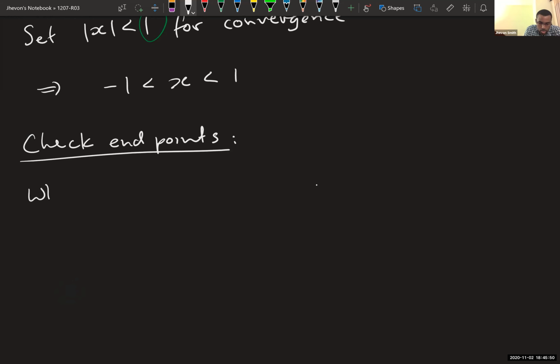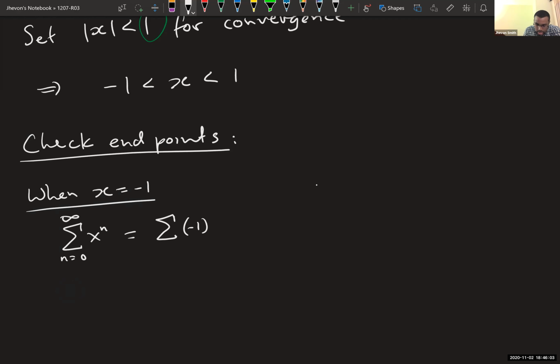So when x equals -1, what happens? Well, I'm going to go back to the series. It was just a series of x to the n. That series would now become -1 to the n.